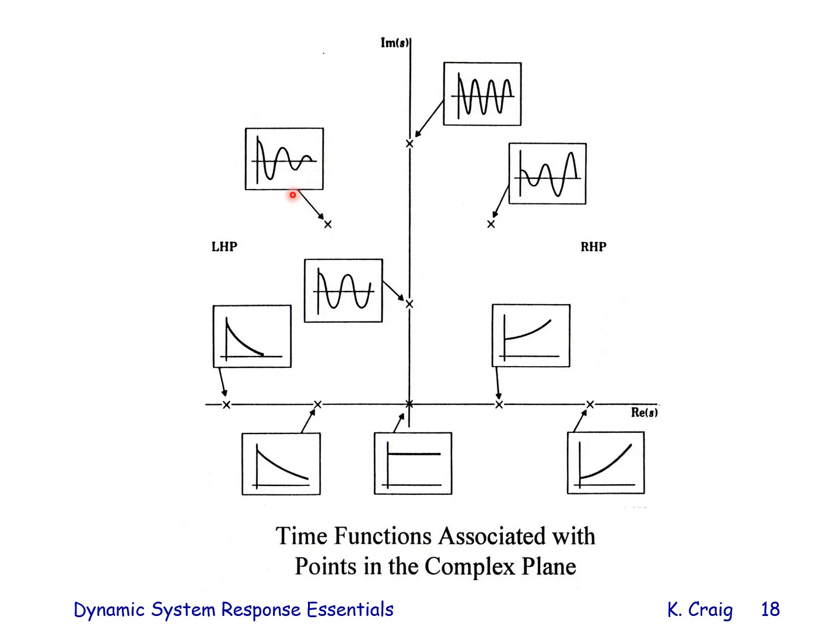So it's a sine wave within a decaying exponential envelope. So these are time functions associated with points in the complex plane. They come from the characteristic equation of your transfer function. So now you can see when we talk about fast response, slow response, it all depends on where the roots of that characteristic equation, that denominator of that transfer function, where those roots lie in the complex plane.